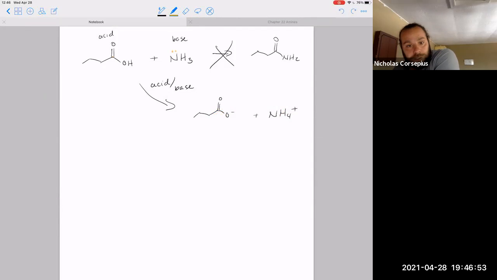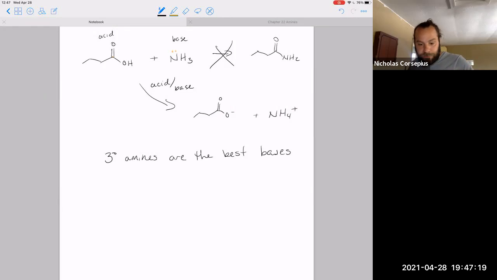So yeah, one of the things that we talked about at the very beginning of this chapter was just how amines play the role of bases and how that's important. For simple amines, primary, secondary, tertiary, the important thing to remember is that tertiary amines are the best bases.